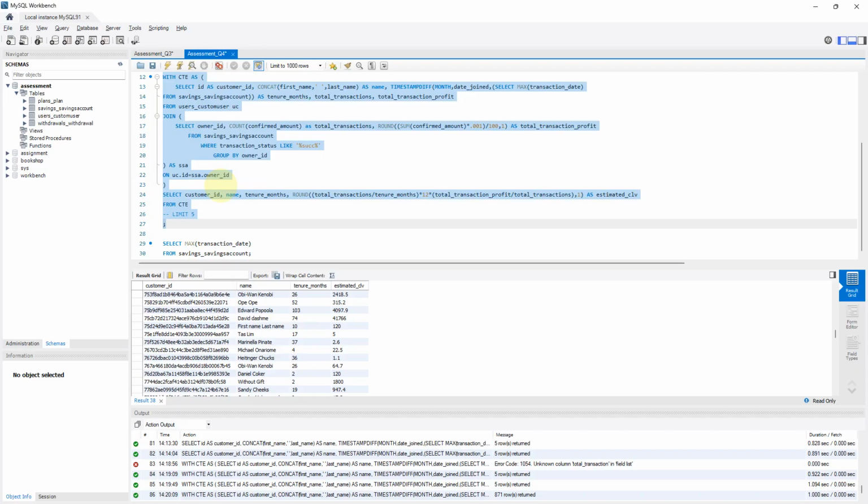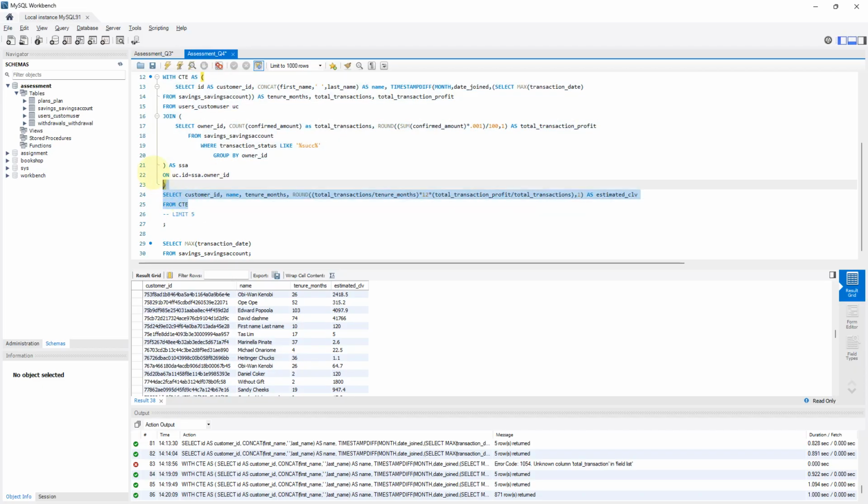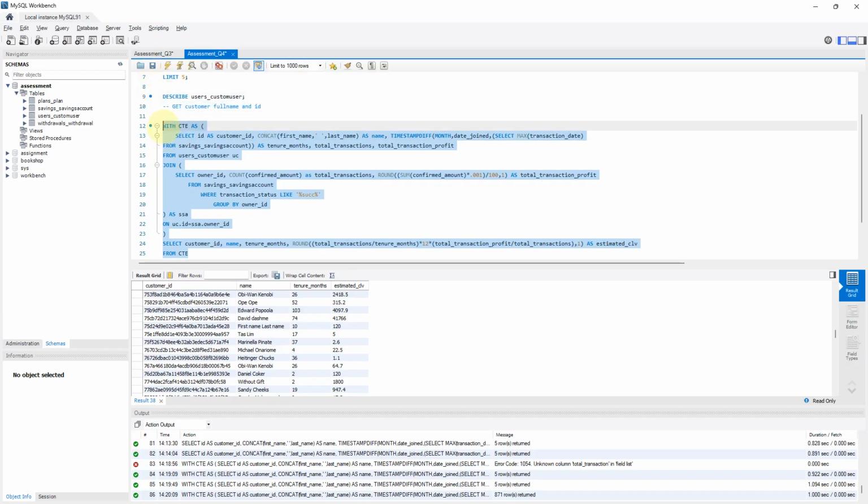Out of curiosity, I'll create another CTE, and I want to see how many rows of data we have here.